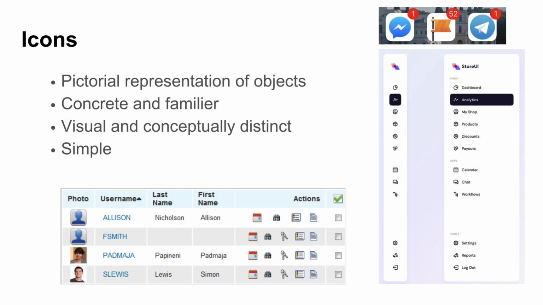Next, we have icons. Icons are small images or symbols that represent files, commands, or windows. Icons are pictorial representations of objects, and icons should represent the functions for which they are designed. If they are designed properly, they can enhance the user's experience as well. Icons should be concrete and familiar. They should be visually and conceptually distinct and simple, meaning unnecessary information is not needed.